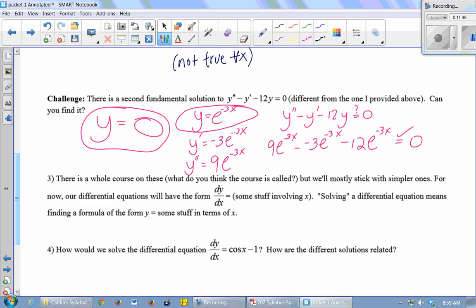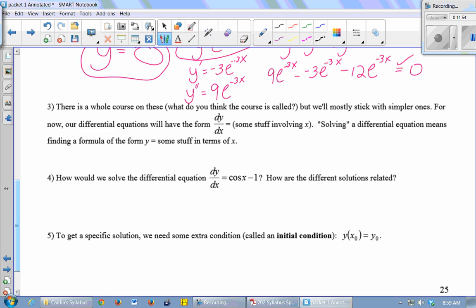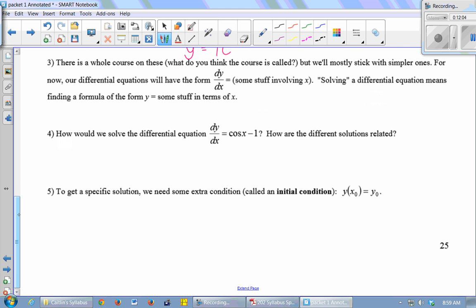Okay. Solving a differential equation means finding a formula of the form y equals some stuff in terms of x. Okay, so the solution to a differential equation is a function. So how would you solve the differential equation dy dx equals cosine x minus 1?